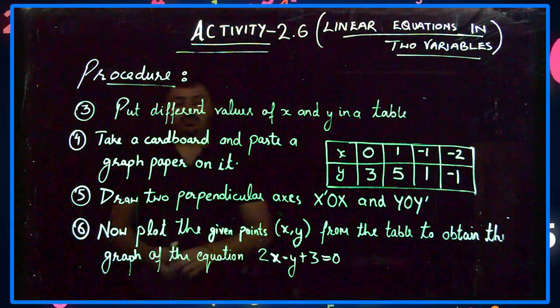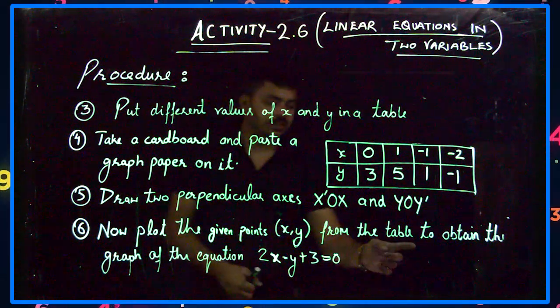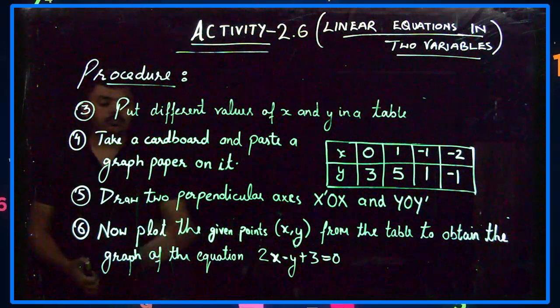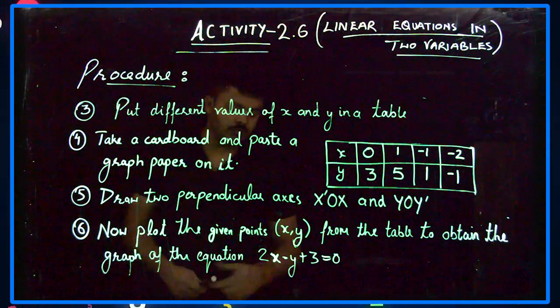So now plot the given points xy from the table to obtain the graph of the equation 2x minus y plus 3 equals to 0.